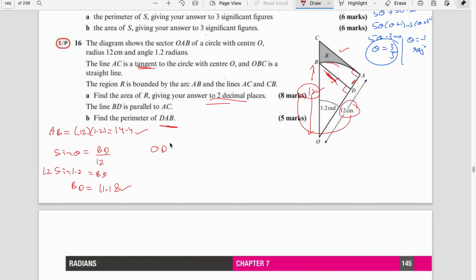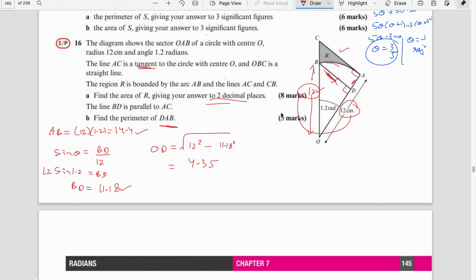So OD is equal to the square root of hypotenuse squared minus 11.18 squared, that is 12 squared minus 11.18 squared, square root, and the answer is 4.35.